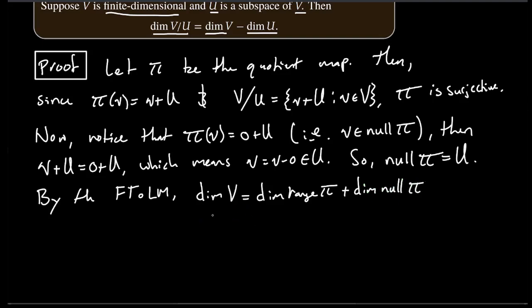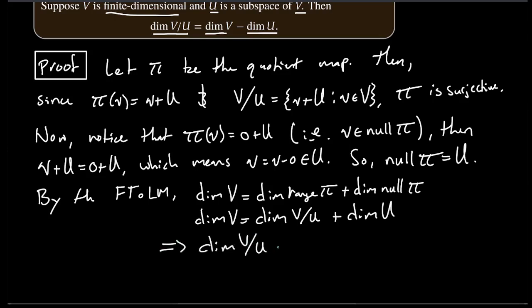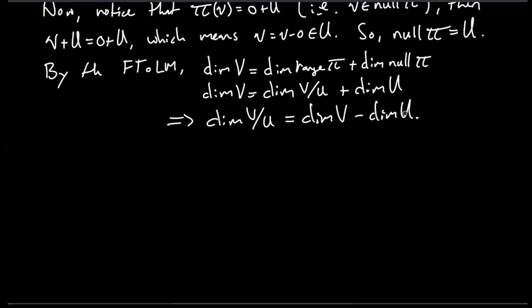We're summing, which says that dim V is equal to dim V mod U, V quotient U, plus dim U. Rearranging a little bit, this says that the dimension of V quotient U is equal to the dimension of V minus the dimension of U. Hey, that's what we wanted to show. Super easy. All right, let's keep going.